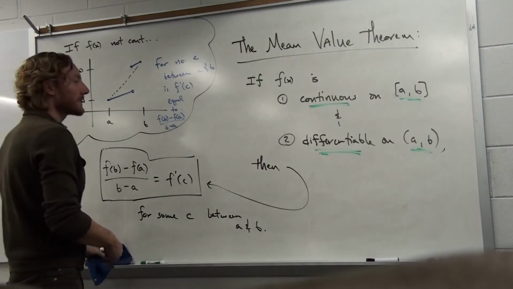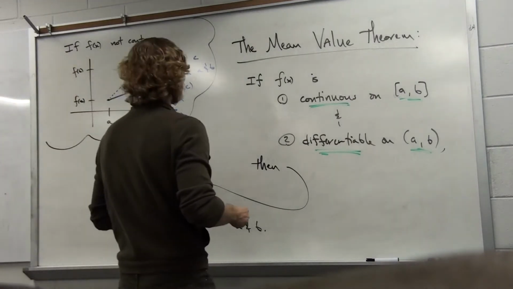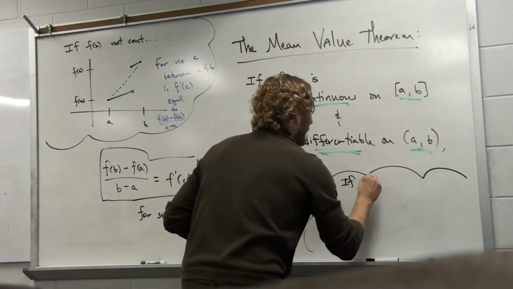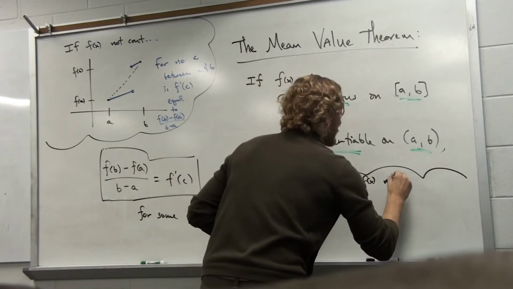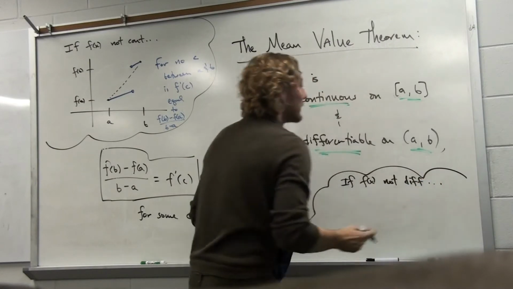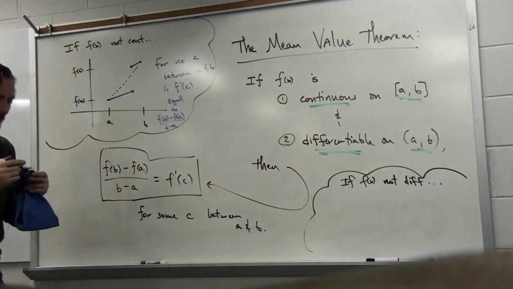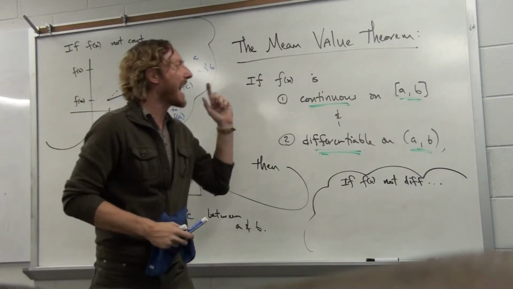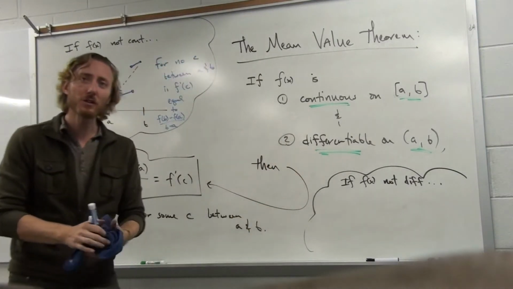Because let's address the case of differentiability. Let's put that down here. What if our function was not differentiable? I want to pose another question to you. The mean value theorem, as we stated, said that f had to be continuous and f had to be differentiable.